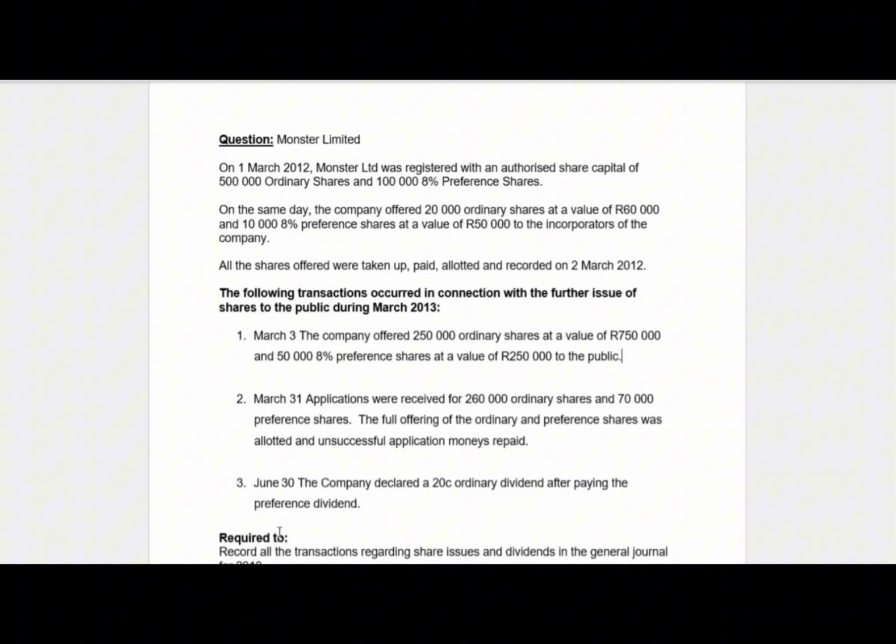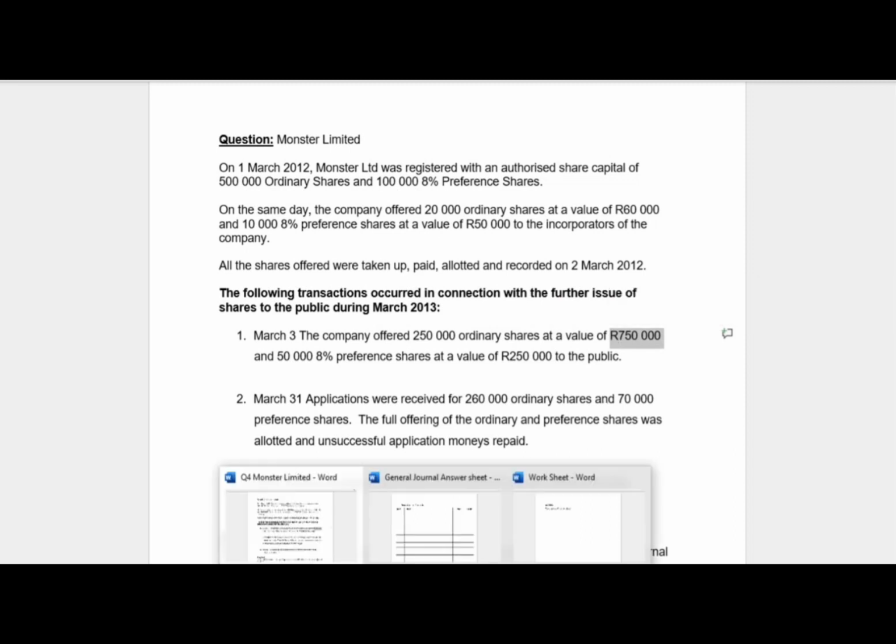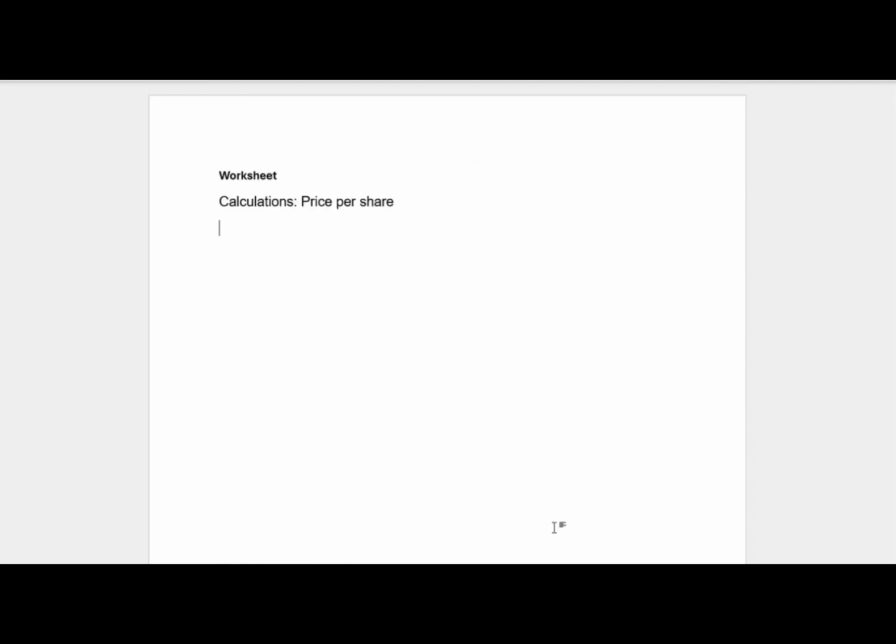Price per share, right? Because if you check on transaction number 1, they've given us the number of shares that are offered. They also give us the total rand value for those shares. So we need the price per share. For us to calculate price per share, we are going to have this formula.